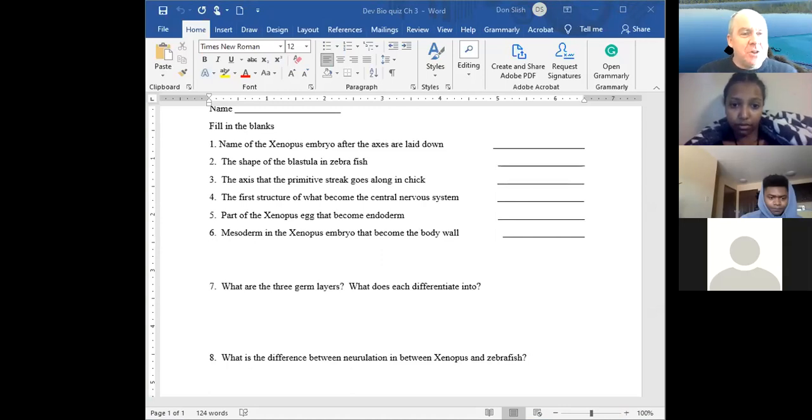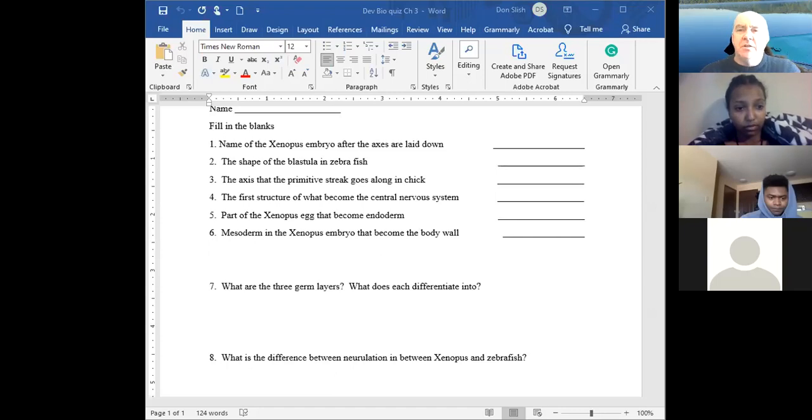Okay, first structure of the central nervous system is the neural plate. Part of the Xenopus egg that becomes the endoderm, that's the vegetal pole. Mesoderm in the Xenopus embryo that becomes the body wall, that's the lateral plate mesoderm. That's one way of saying it, but the other is the somatopleural mesoderm.